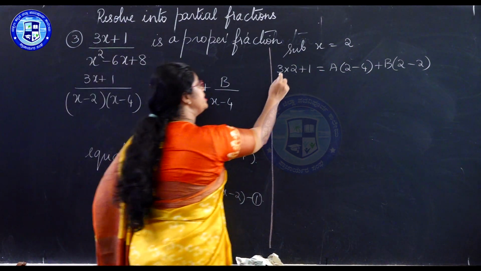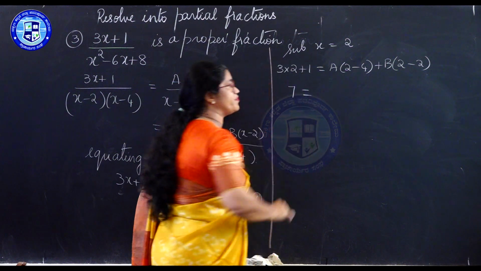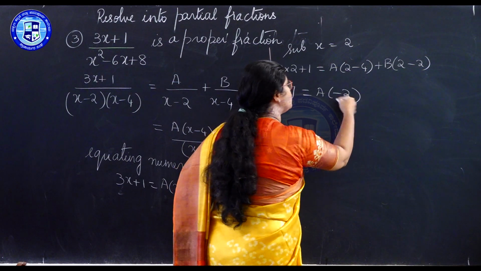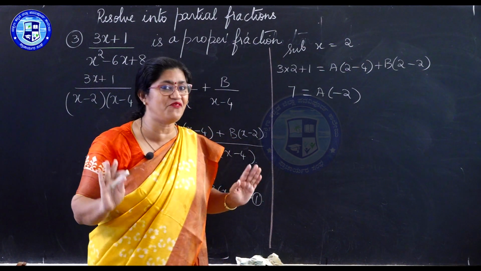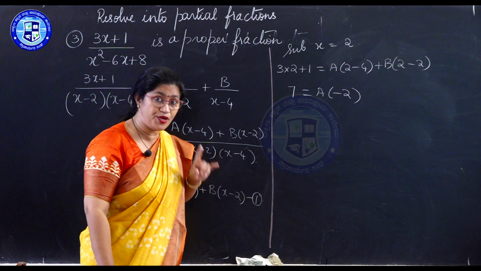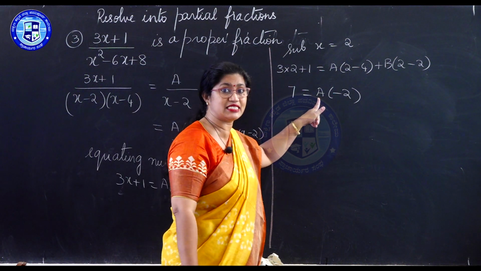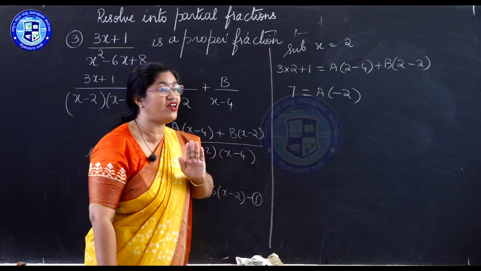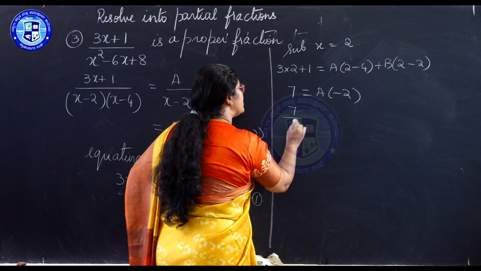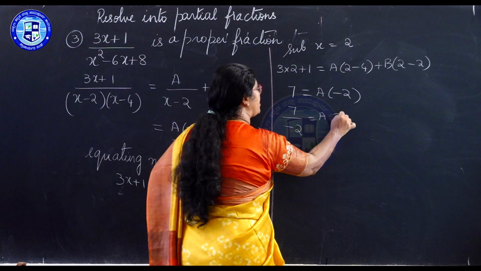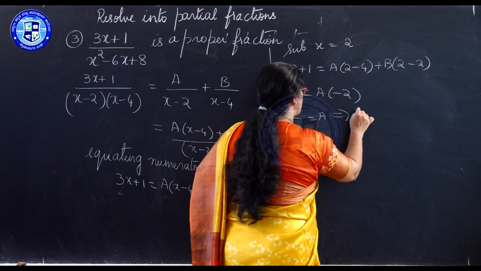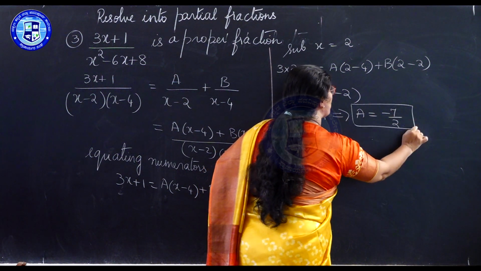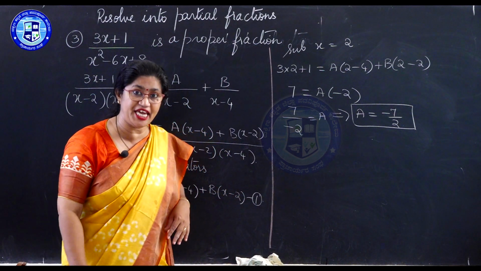So now 3 into 2, 6 plus 1 is 7, a into 2 minus 4, 2 minus 4 is minus 2, next one has become 0, no need of writing. Now I need to get the value of a, so minus 2 when it comes this side should come to the denominator, be careful. 7 divided by minus 2 is equal to a, or this implies a is equal to minus 7 by 2. So I got the value of a.